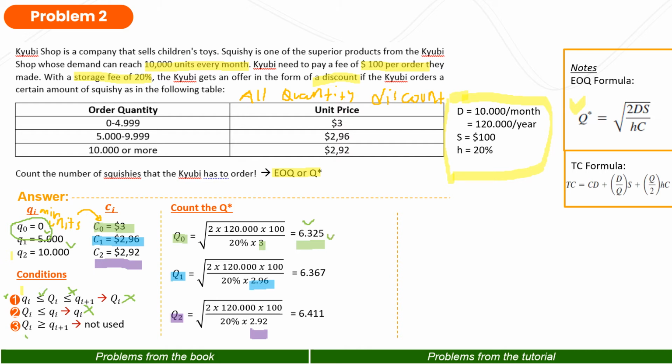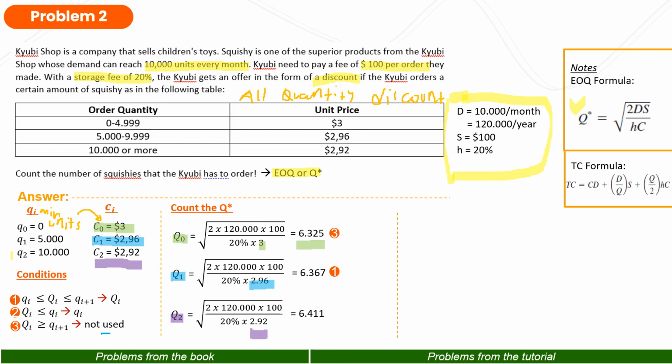The Q star 0 is 6,000, and it is bigger than the little q after, that is q1, that is 5,000 units. So it is matched with the third condition. Okay, next. In this third condition, we will not compute the Q0 further, because it is not used.